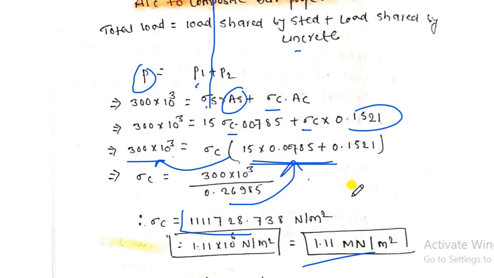As you know, 1 Newton is equal to 10 to the power minus 6 mega Newton, that means 1 mega Newton is equal to 10 to the power 6 Newton. So I just divided this by 10 to the power 6. So it is 1.11 mega Newton per meter square. You can keep this value in this form also. There is no problem at all, it totally depends upon you.